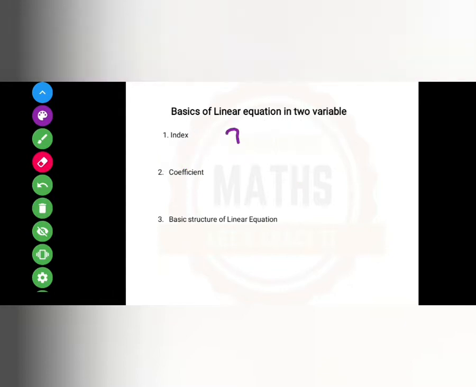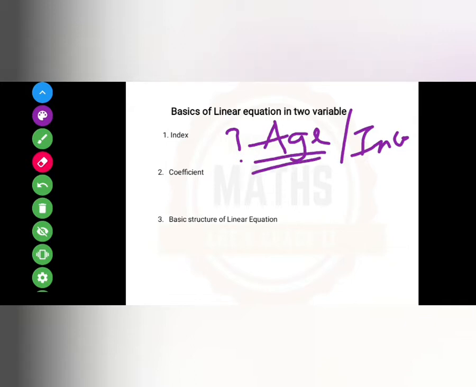Now what is variable? Variable is said to be any number or quantity which can be measured or counted. It can be your age. It can be your business income. Now with age, you tell me, it goes on increasing day by day.